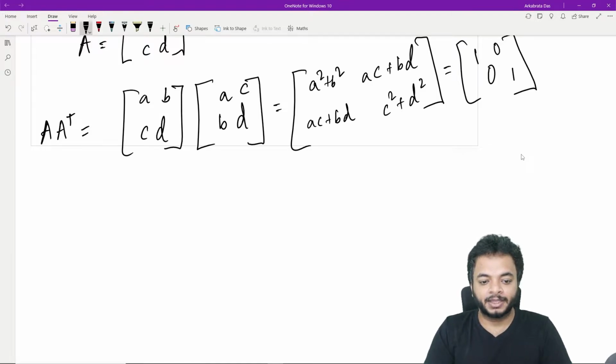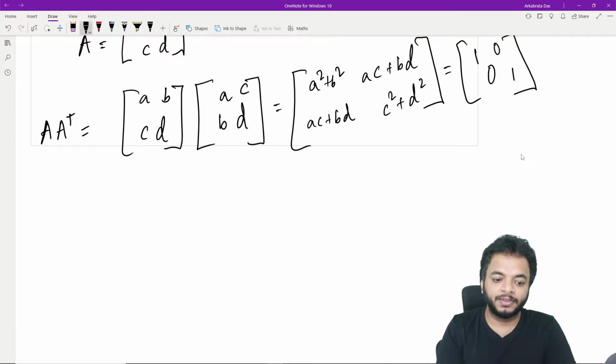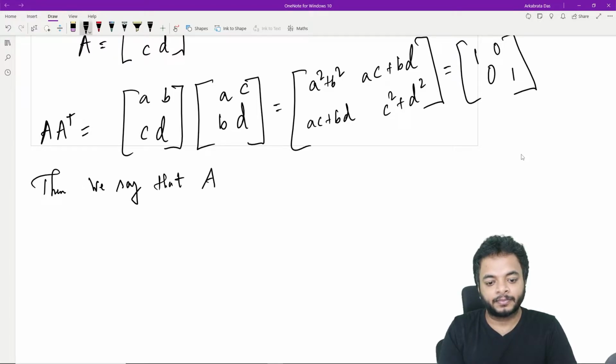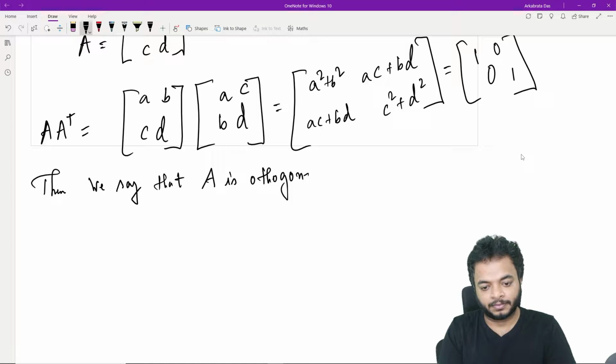So this is a very special type of matrix. Then we say that A is orthogonal. So A is an orthogonal matrix.